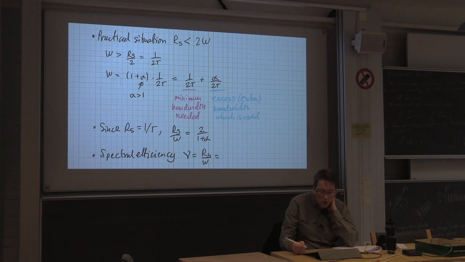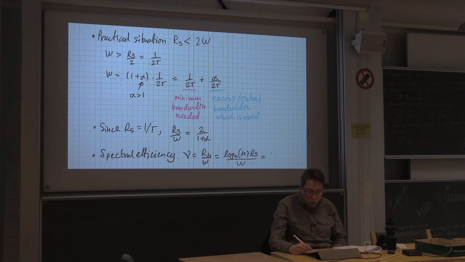And the bit rate is related to the symbol rate through log 2 of M times the symbol rate, divided by W. And since we know that Rs divided by W is 2 over 1 plus alpha, we can replace that into this equation and get 2 log 2 of M divided by 1 plus alpha.